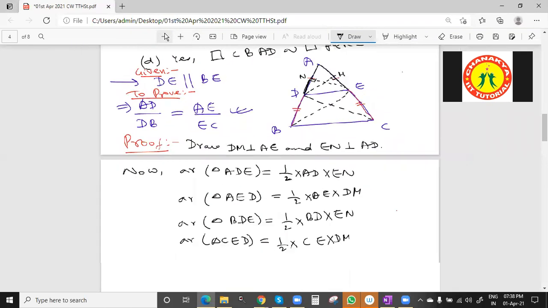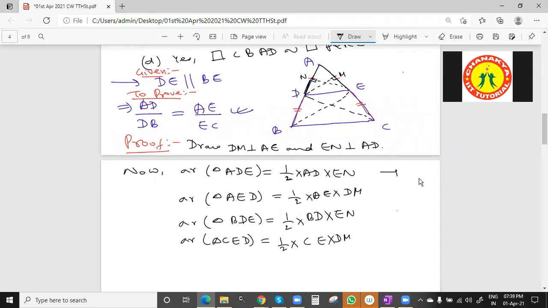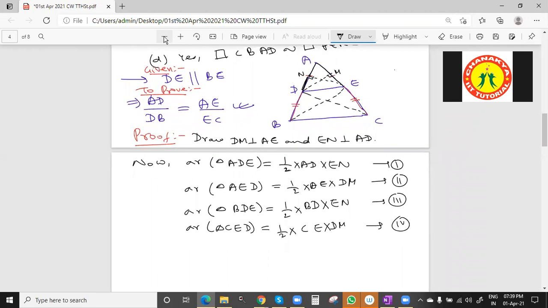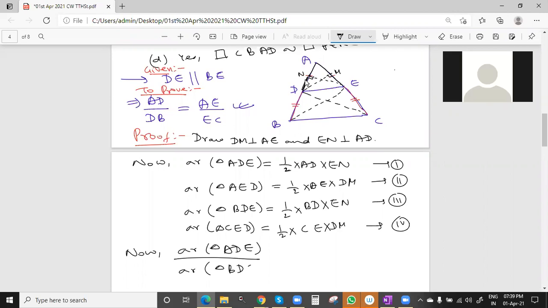Ratio of which? This is equation 1, equation 2. We can see two triangles above DE and two triangles below DE. So how can we take the ratio? We divide the area of triangle ADE by the area of the triangle below AD, which is BDE.